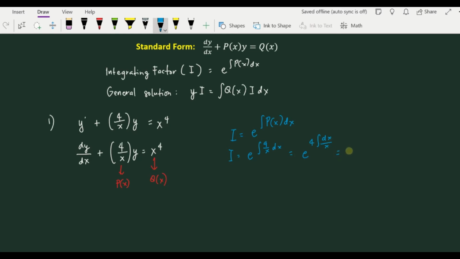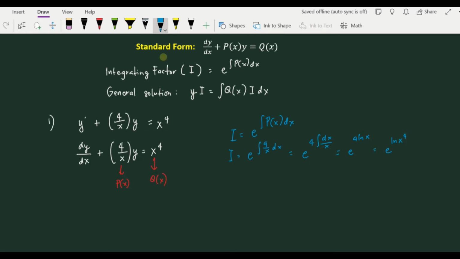And that is equal to e to the 4 times, we know that the integral of dx over x is ln of x. And then, we have e, using logarithm of power, this 4 coefficient of ln x will become the exponent of x. We have e to the ln of x to the 4th.